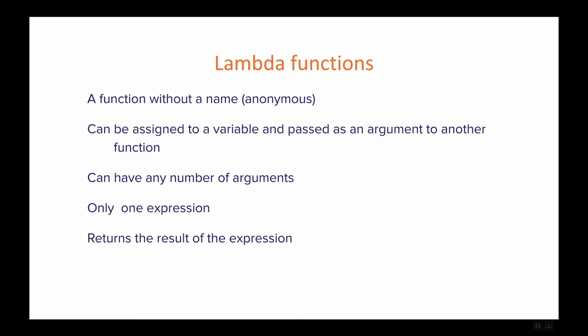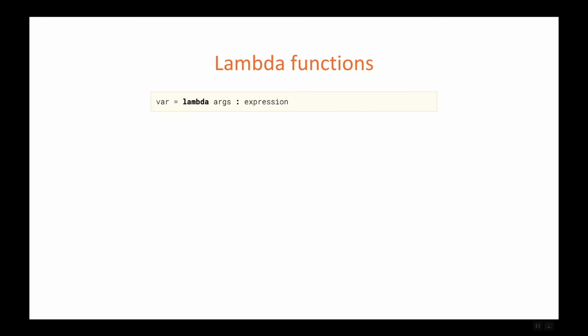And it simply returns the result of that expression. So it has only one expression, one line of code, and it returns the result of that expression. So here is an example of how we might want to create a Lambda. We have the keyword lambda, we have the arguments, okay, no parentheses, just the arguments here.